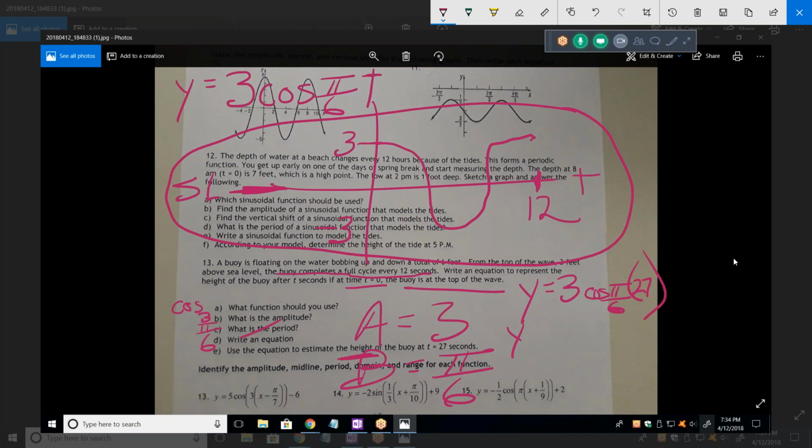And that becomes 3 cosine. Let's see, if I divide top and bottom by 3, I get 9 pi over 2. Okay. Well, what's cosine of 9 pi over 2? That's an angle greater than 2 pi, correct?